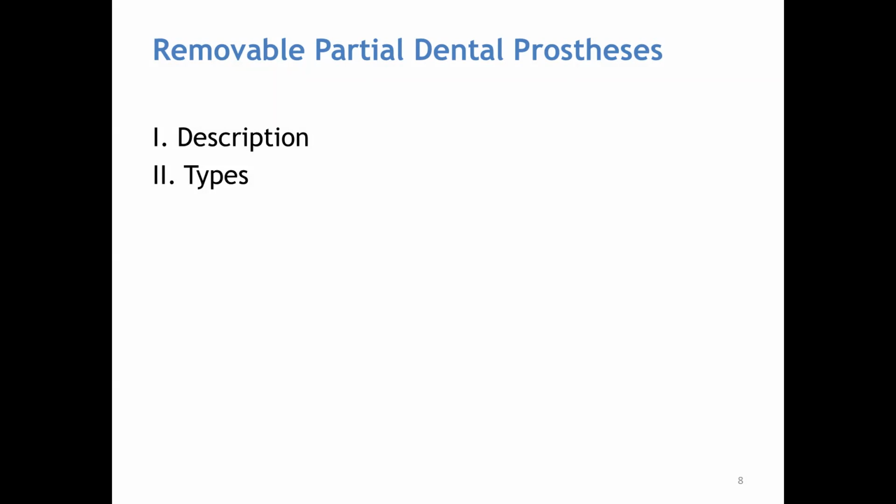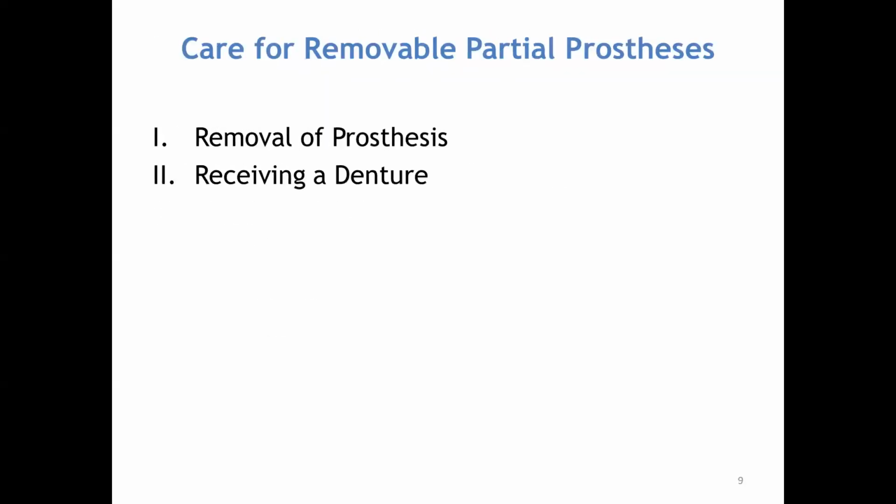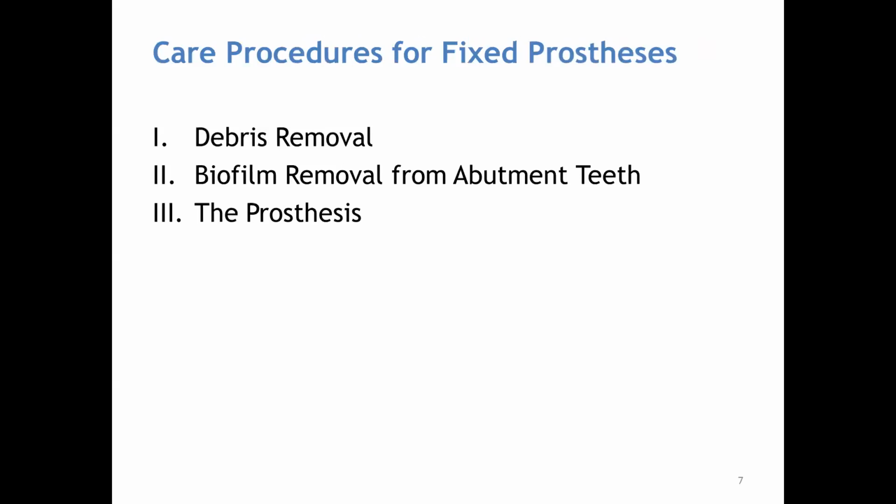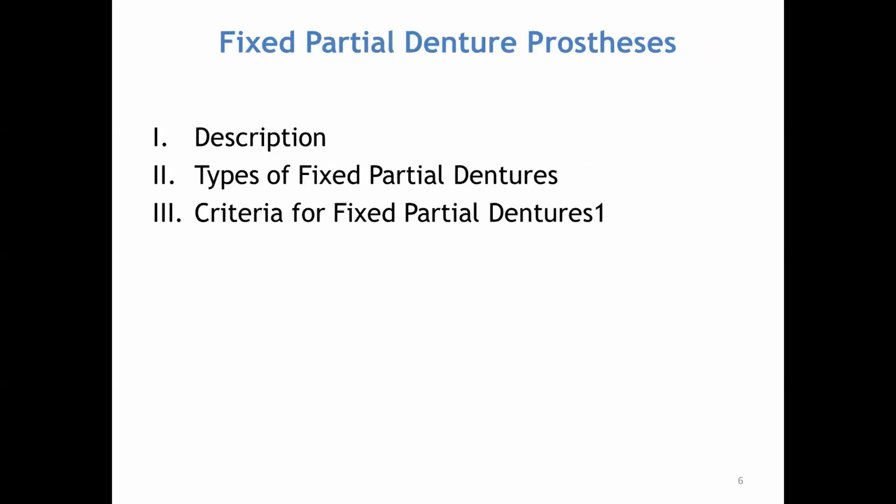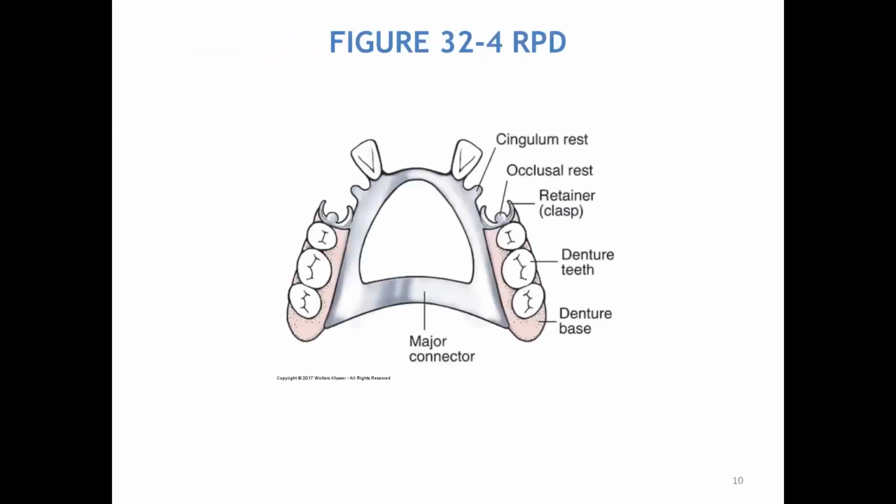So the basic parts of the removable partial denture is on figure 32.4, and that's coming up. Let me see if I can find it. Whoops, going in the wrong direction. There we go. Okay, and this is a classic.